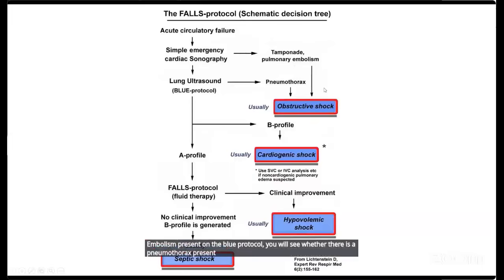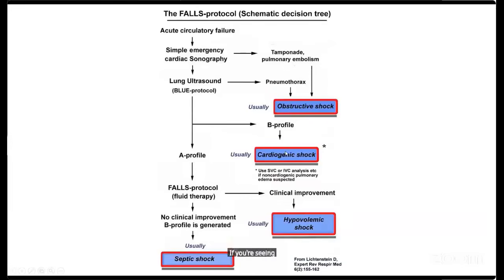Then you know that you're dealing with an obstructive shock. If you're seeing a B profile here, you know you are dealing with cardiogenic shock. If all of this is fine, it is an A profile, you see your FALLS protocol, and then you see if the patient requires fluid. If the patient is improving on fluids, then this patient has hypovolemic shock. If there is no improvement, you give fluids and a B profile is generated, usually this patient has got septic shock.